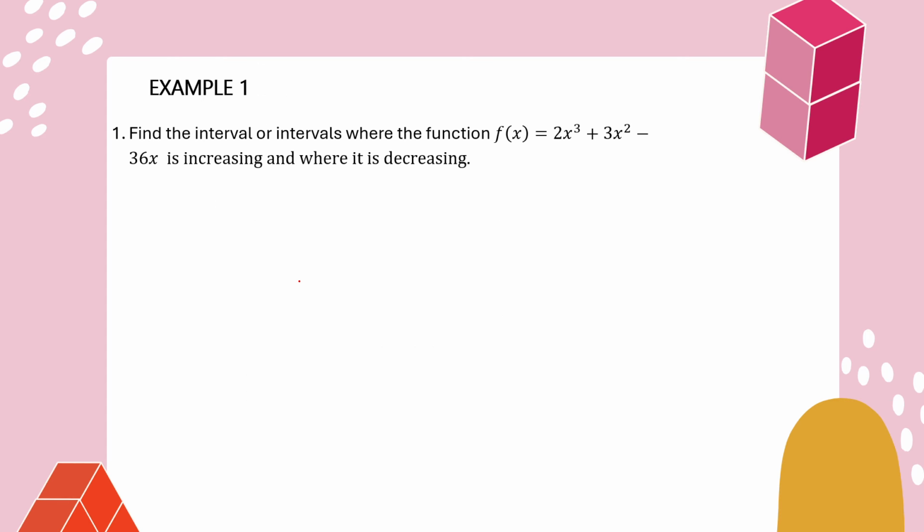Okay, let us try example number 1. Find the interval or intervals where the function f of x equals 2x cubed plus 3x squared minus 36x is increasing and where it is decreasing.